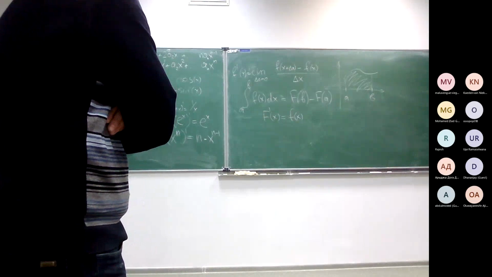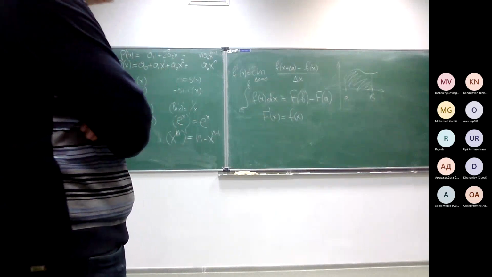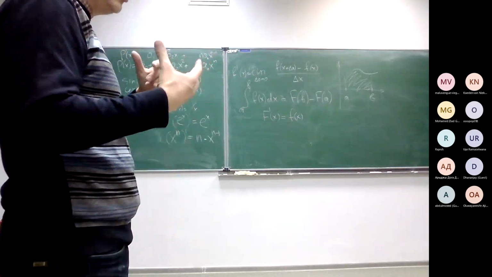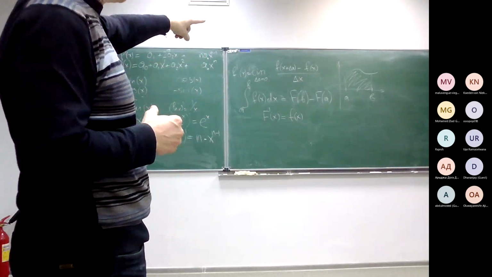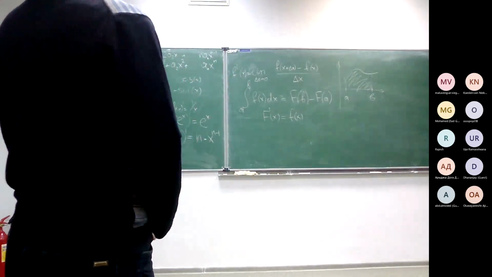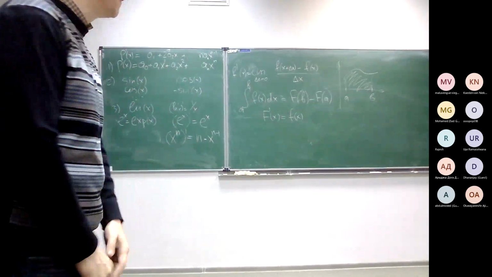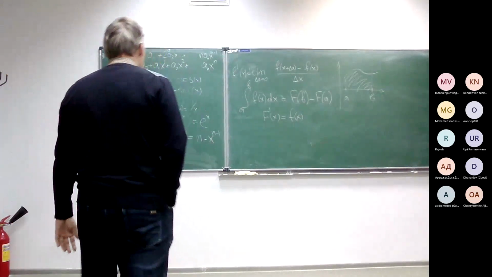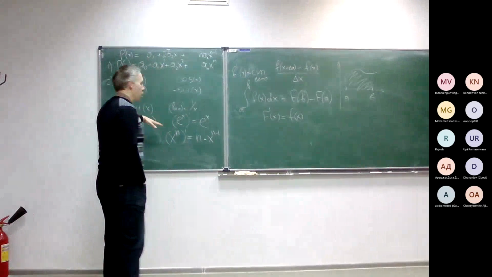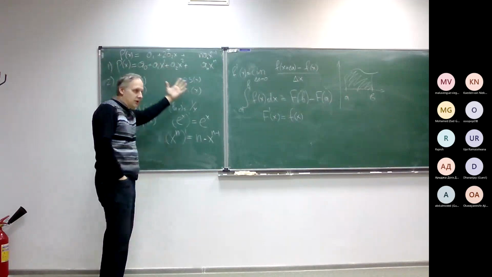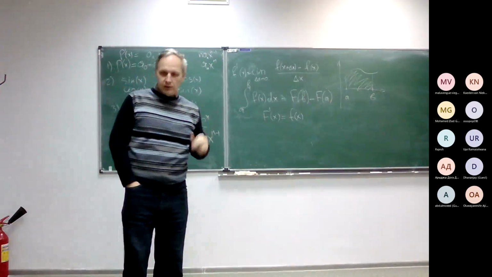For example, we consider how to compute a derivative numerically, how to compute the integral numerically, not applying this formula but using some numerical techniques. How to approximate complex functions like, for example, exponent or sine using polynomials and so on.